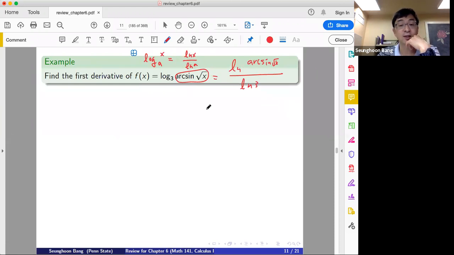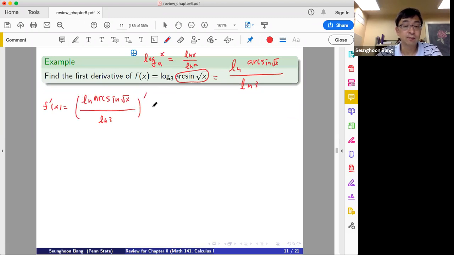The next step, take the derivative. What's f prime of x? F prime of x is the derivative of ln of arcsine of root x over ln of 3. Ln of 3 is a constant, so take out 1 over ln of 3.